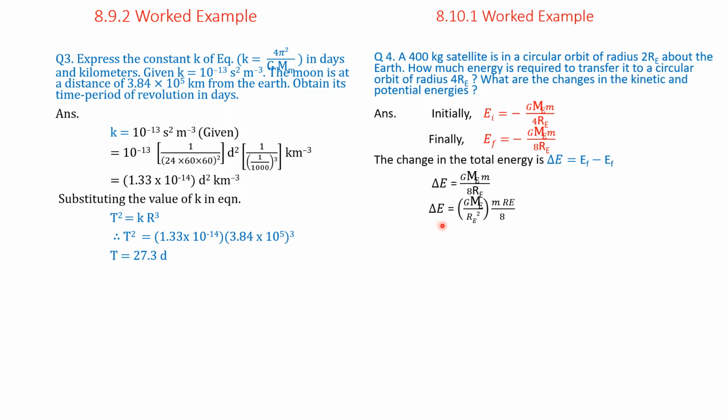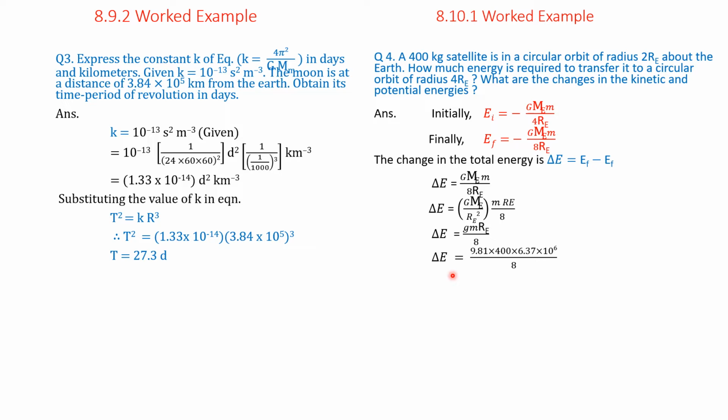So therefore, delta E is equal to G ME divided by RE square, which is the value of gravitation, small g, into m into RE divided by 8. That is, delta E is equal to g into m into RE divided by 8, since G ME by RE square is g.